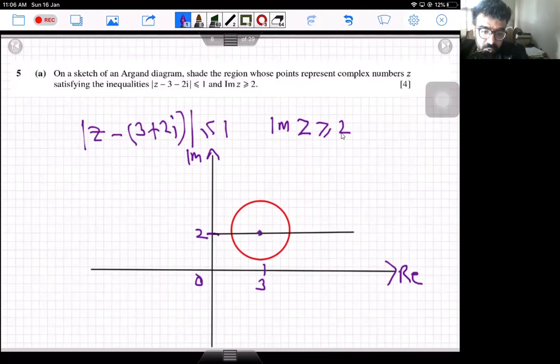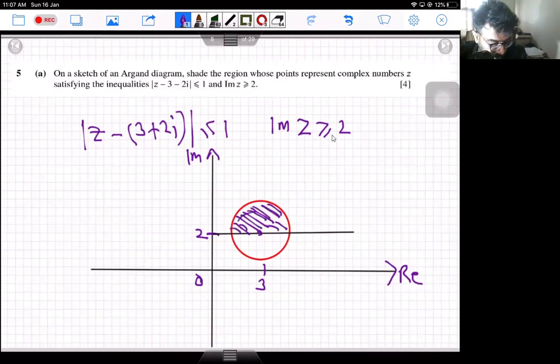So 3 comma 2 is the center of the circle, and this is the line Im z equals 2. So according to the inequality, Im z is greater than or equal to 2, and the region inside the circle will be shaded. So this is the region which satisfies both the inequalities.